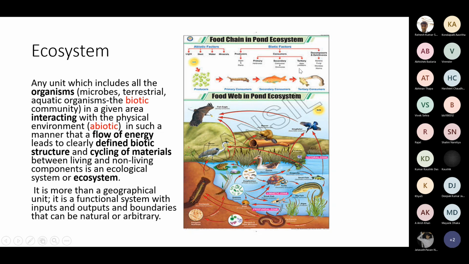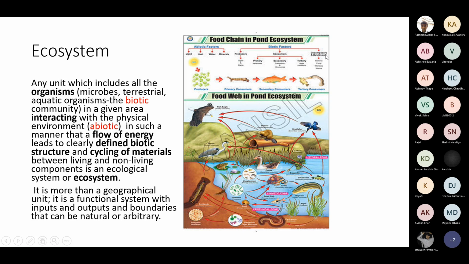So among the biotic factors, what we have learned is that in an ecosystem you have a producer, algae and plants. Then you have the consumers, which are called either the primary consumer, the secondary consumers, or the tertiary consumers. And at the same time, there are also decomposers.